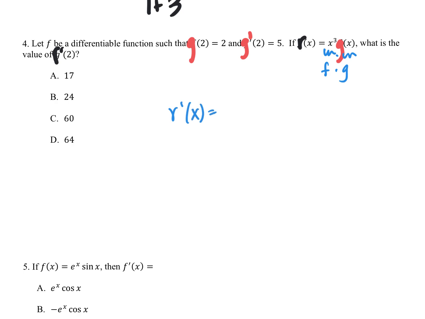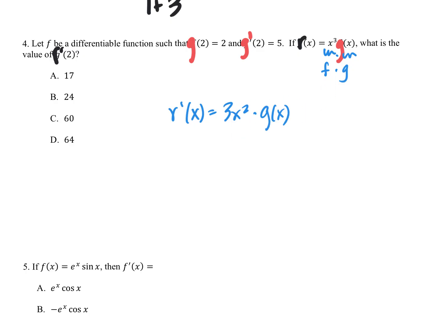R prime of X, we must do F prime G plus G prime F. What would F prime be? 3x squared, Liv, you got it. Times my G function. What's my G function? Yeah, I rewrote it as G of X so that people weren't crying. But you're right, it was F. Okay?